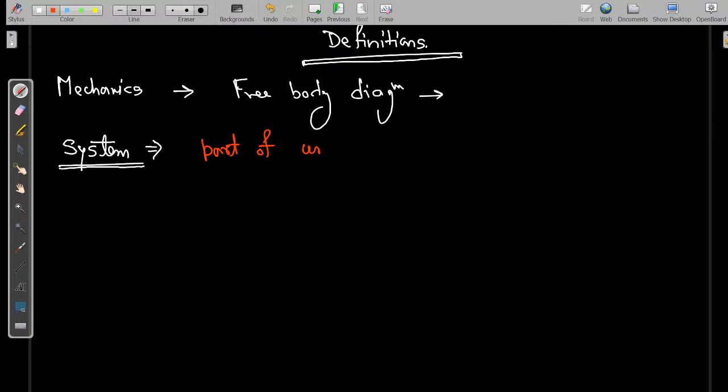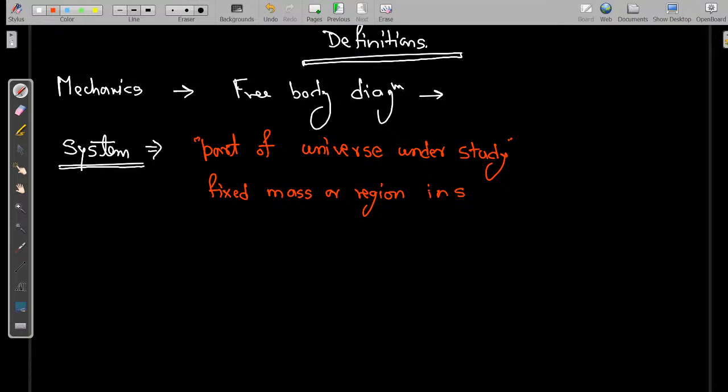So system is the part of universe under study. There are number of definitions you will get in different books. Okay. In other words, you can also say system is a fixed mass or region in space under study or under consideration.